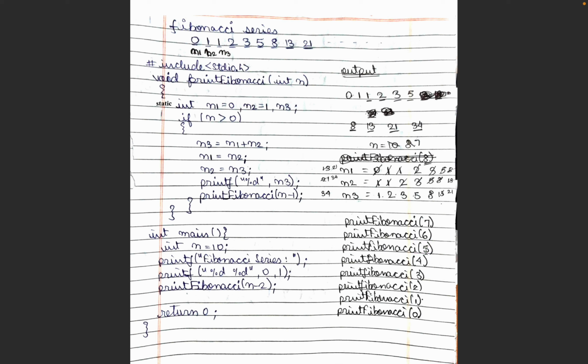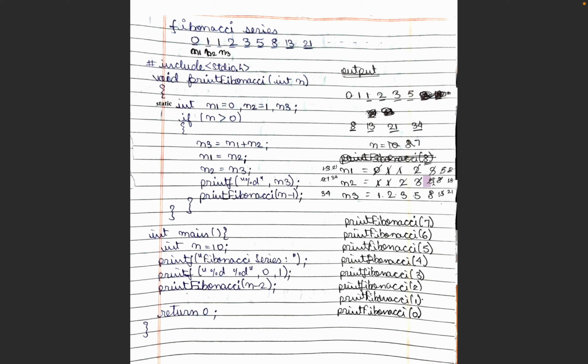Okay, in the second rotation, 5 will again go. 5 is greater than 0. It will be calculated. n3 will be n1 plus n2. So n3 was 2, now 3. Now it is calculating 5. Okay, and then swapping will occur. Like 3 will be copied over here, 5 will be copied over here.